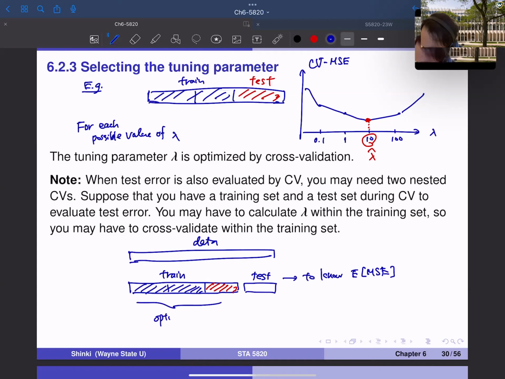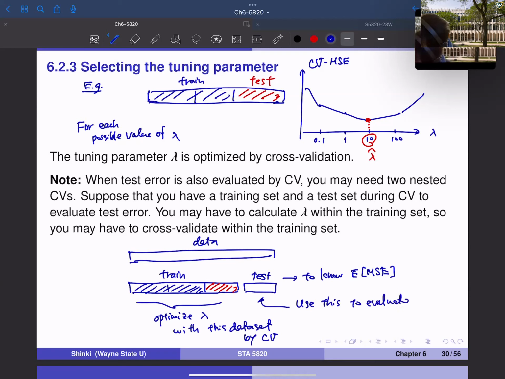So optimize lambda with this data set by cross-validation, then use the test set to evaluate the expected value of MSE.